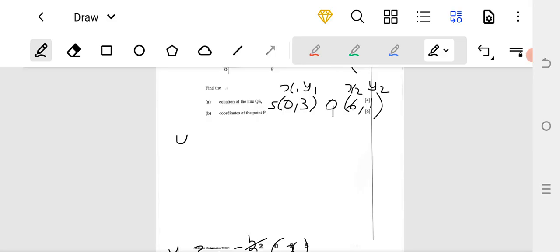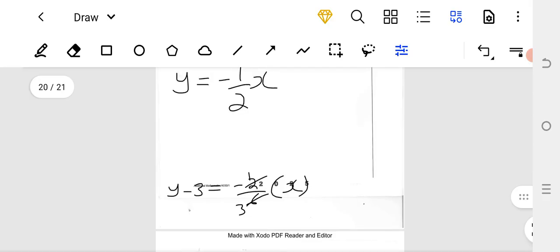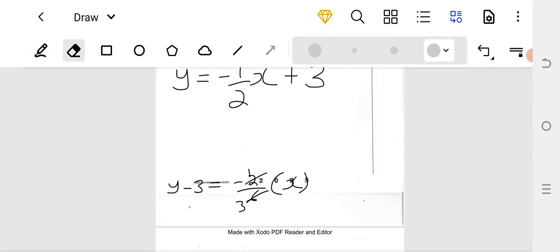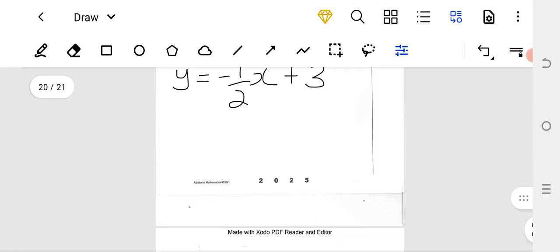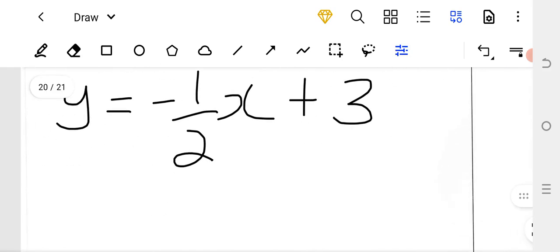So we are saying y is equal to negative 1 over 2 x, plus 3. Now we can zoom in, negative 1 over 2 x plus 3.